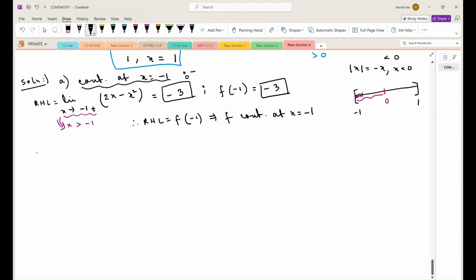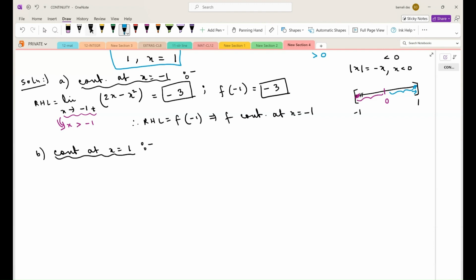Okay. Next, we check continuity at x equal to 1, the other extreme boundary point. This process is similar, so I'm not explaining that much. Only thing to note here is, since this is the right hand side boundary point, my x will be approaching 1 from the left and very close to 1. That means this time my x will be in 0 to 1, and in 0 to 1 the function branch is x square.